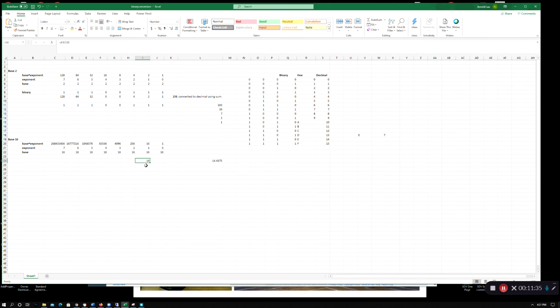And then I want the remainder of this. That's where we had the mod function. That's where I forgot the mod function last lecture. But here's the mod, and then I'm going to do the same thing. I'm going to take the 231, comma, 16. Okay, and that gives you 7.